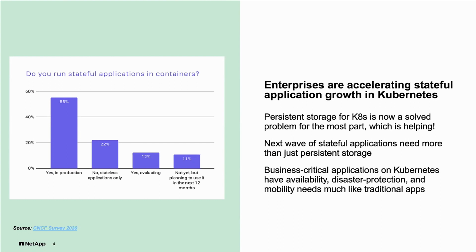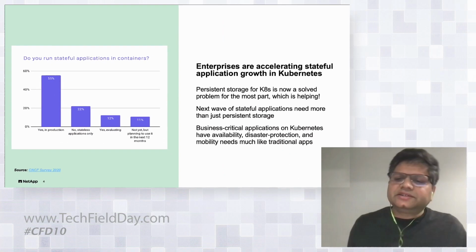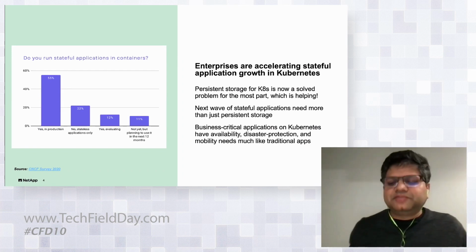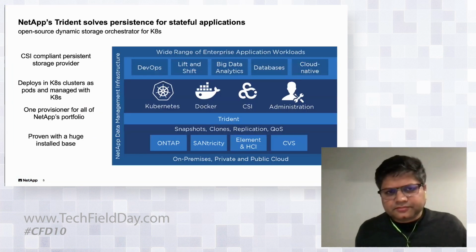So people are trying to move their stateful applications to Kubernetes because they like the platform. And for the most part, the move to Kubernetes is also developer-led. Developers love Kubernetes, and they need state in their application to work well.